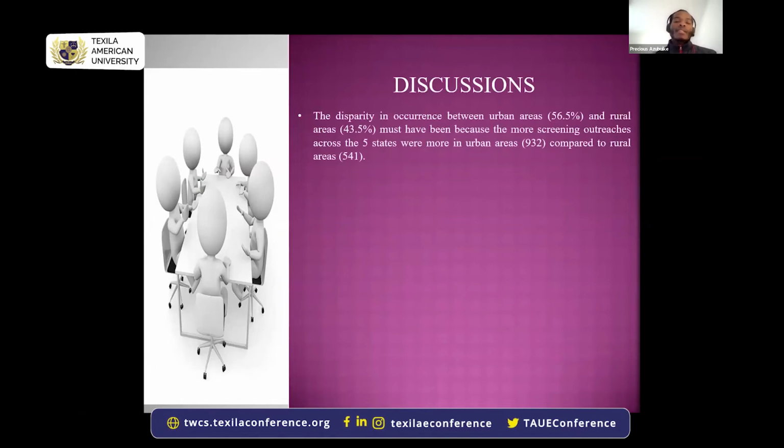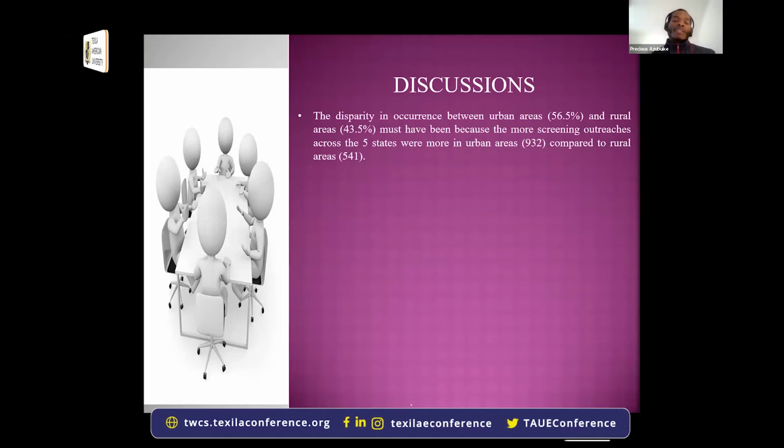So we found, as a discussion, that there was a disparity in occurrence. Sure, people who lived in urban areas, from descriptive statistics, showed to have more visual impairments than those who lived in rural areas. However, when it was subjected to the chi-square test, this difference was not statistically significant.